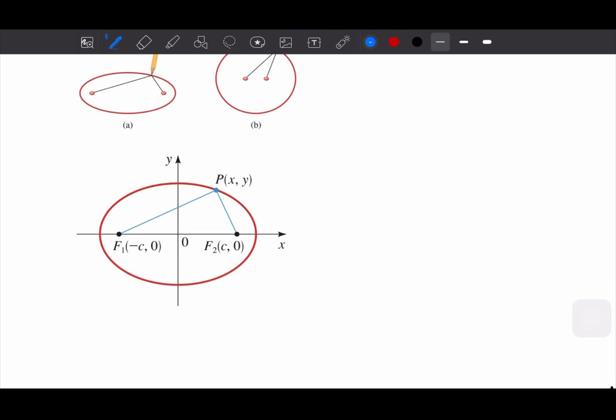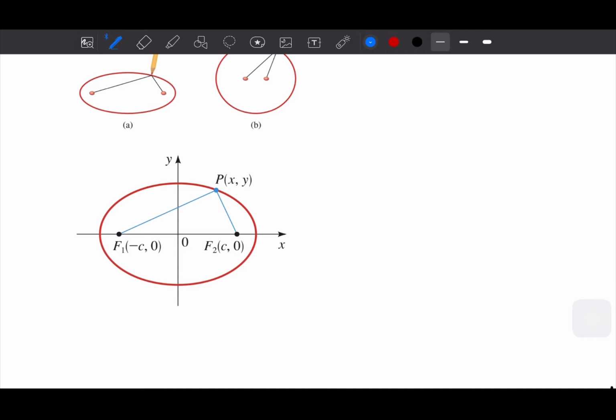So an ellipse is all points in the plane for which the sum of the distances from 2 fixed points is constant. Okay? So these are the fixed points here.